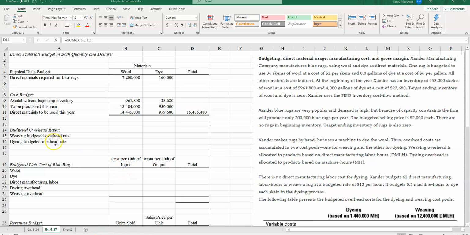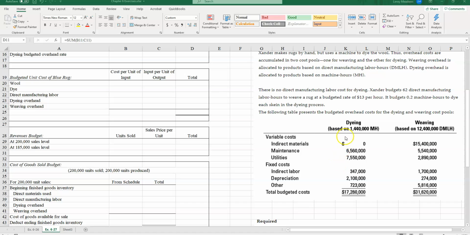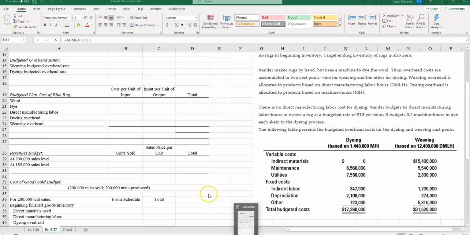So now let's figure out our budgeted overhead rates. Remember, we were told earlier that weaving was based on direct manufacturing labor hours, and dyeing was based on machine hours. So let's take a look here, and what is my overhead cost rate?